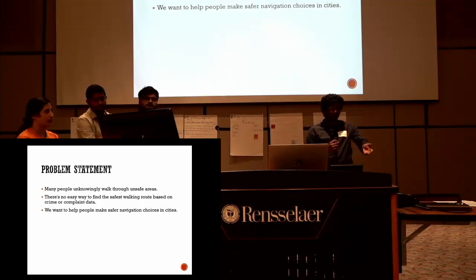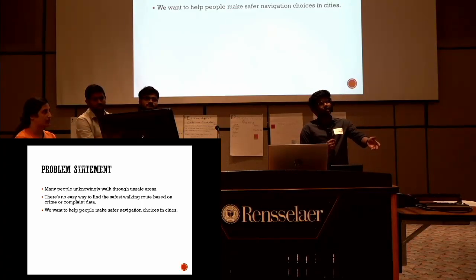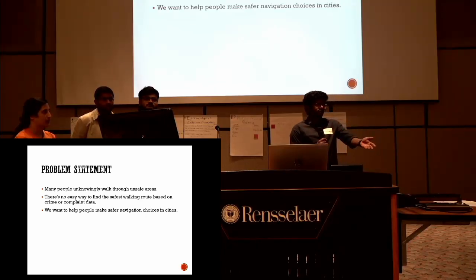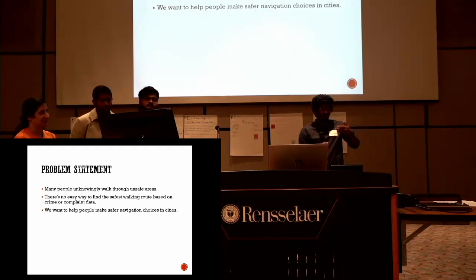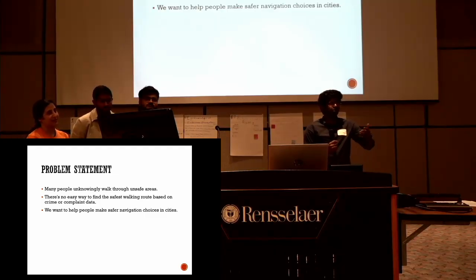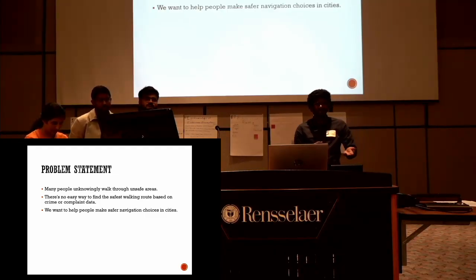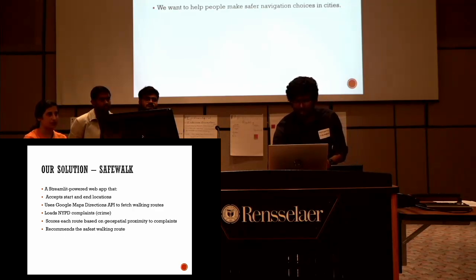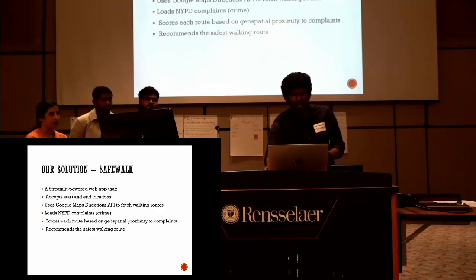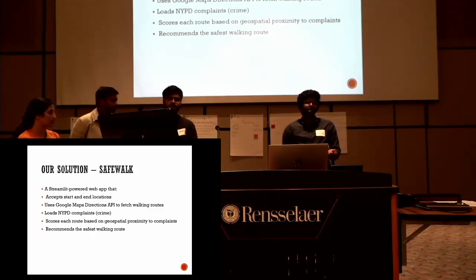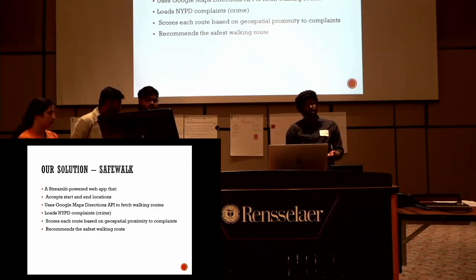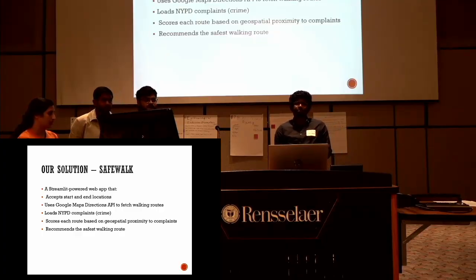For example, if there is a problem for women's safety on a street, that means men can walk there. We're just letting the user know everything that's going on, so that he can choose the safest path. As I told you, we took the data from the NYPD complaints website.